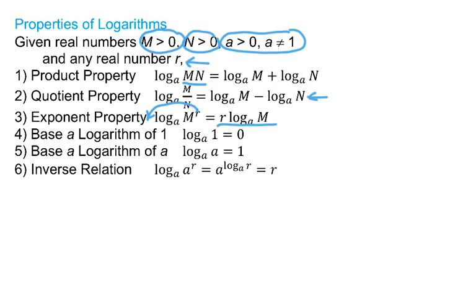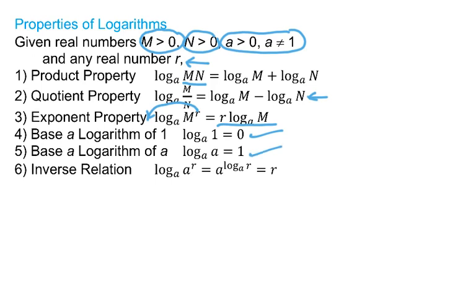Also, there's a property about what the logarithm base a of 1 is. No matter what your base is, the logarithm of 1 is 0. And also, no matter whatever your base is, the logarithm base a of a is 1.